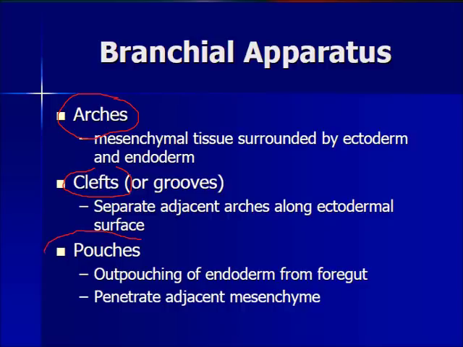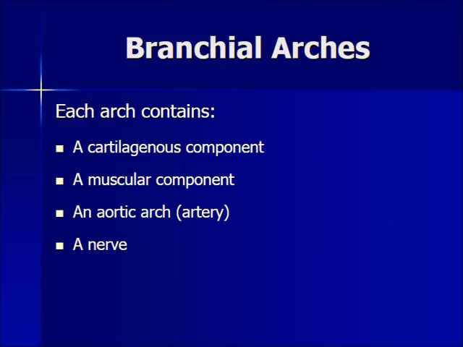Internally, the space between each arch and the one next to it we call a pouch. It is an outpunching of endoderm from the foregut, and it penetrates the adjacent mesenchyme. Each arch contains a cartilaginous component, muscular, blood component, and nerve component.